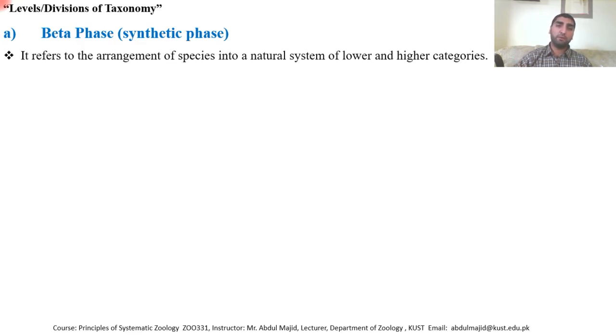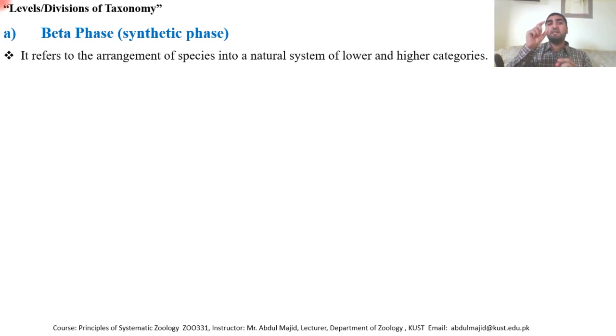Again, we will take a proper example later. Before that, for example, you have a species you don't know, then you characterize and discriminate it, and then you name it, and after naming you have a species. So you are working at micro level. But now you need to put this species in a genus, that genus into a family, that family into an order, that order into a class, and class into phylum, and so on.